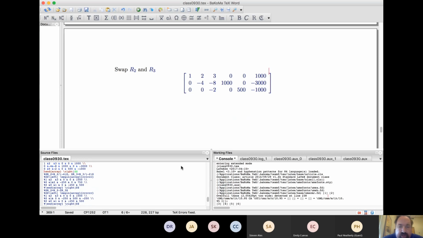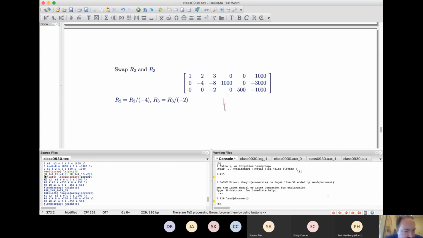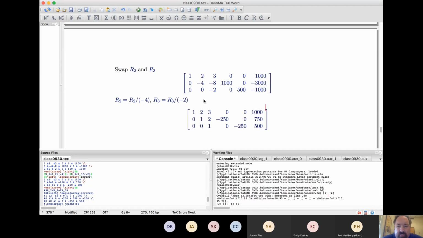But now I need to keep going to get reduced echelon form. So I need to make these elements equal to 1. So I'm going to scale the second and third rows. I divide the second row by -4, third row by -2.